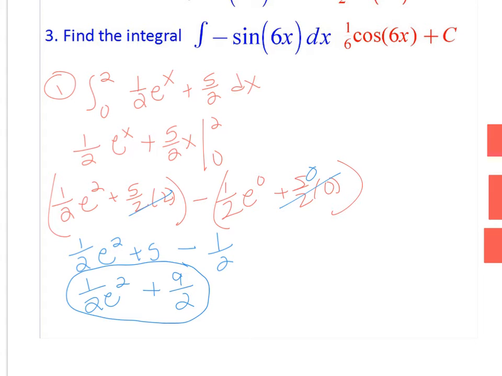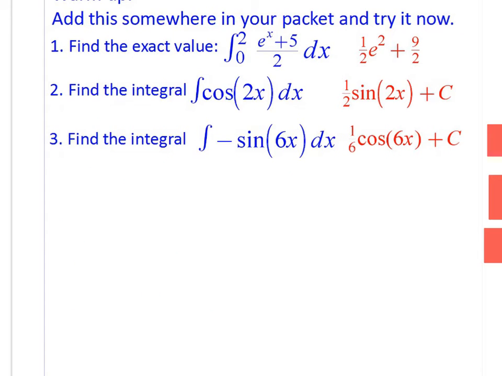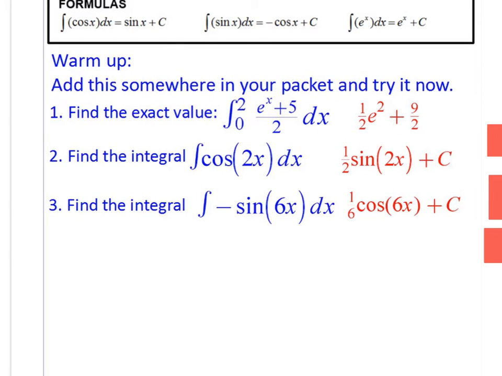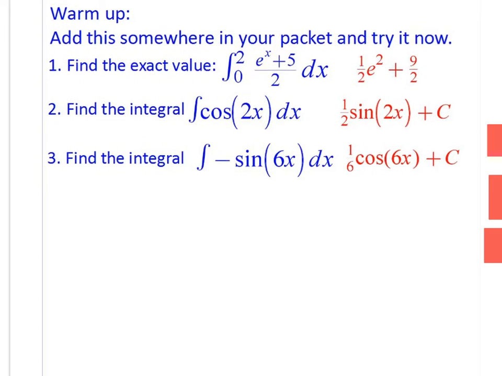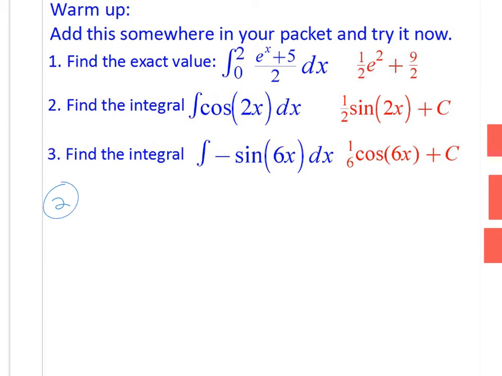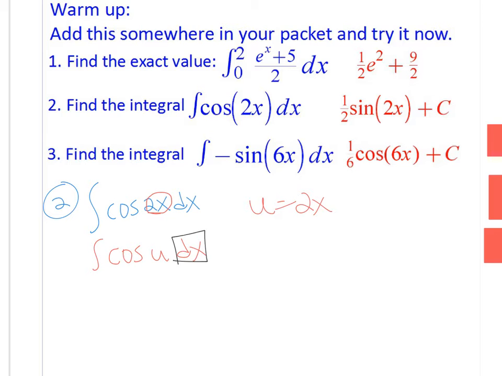Okay, so now for number 2. We have cosine of 2x. Since the rule is just cosine of x in our formulas, we have to do some U-substitution for number 2. So I'm going to make the 2x my u. And I can't mix variables, so I have to eliminate this dx.